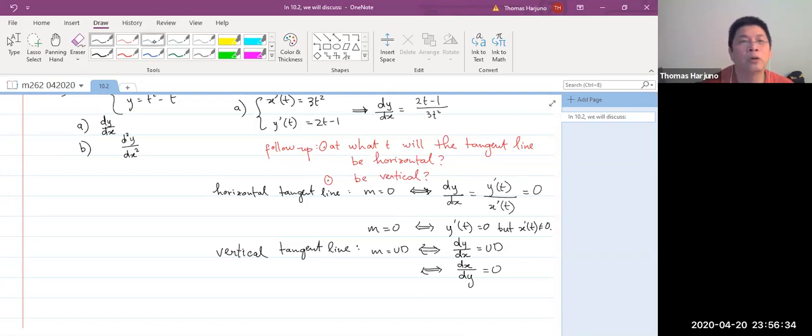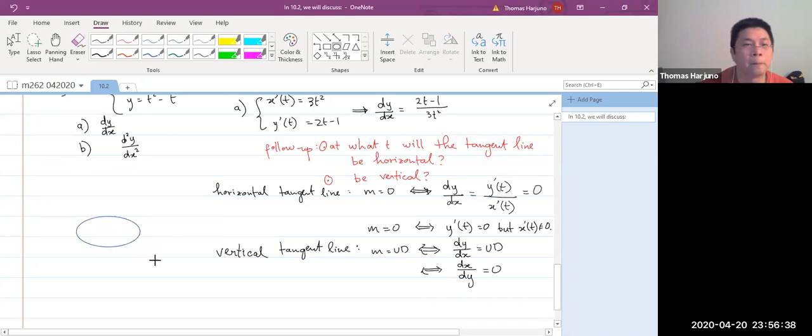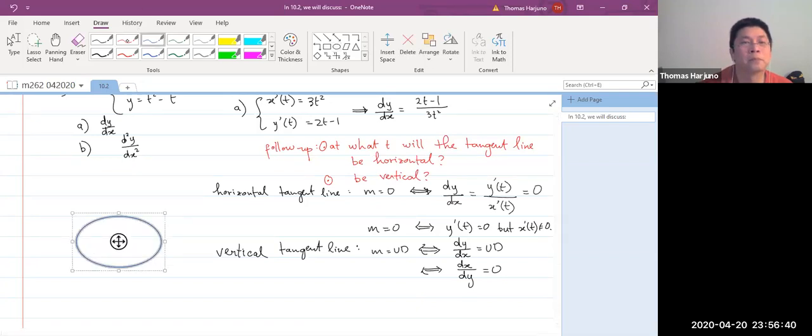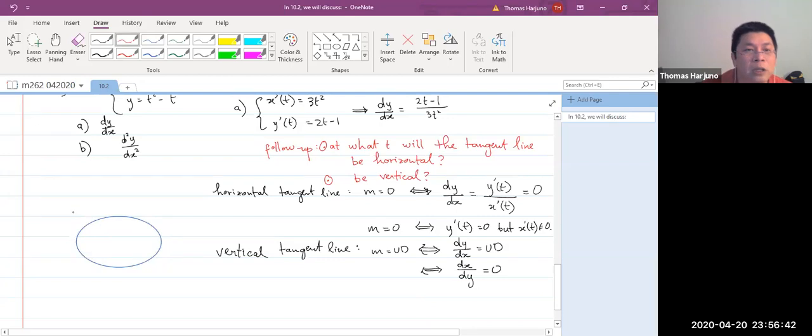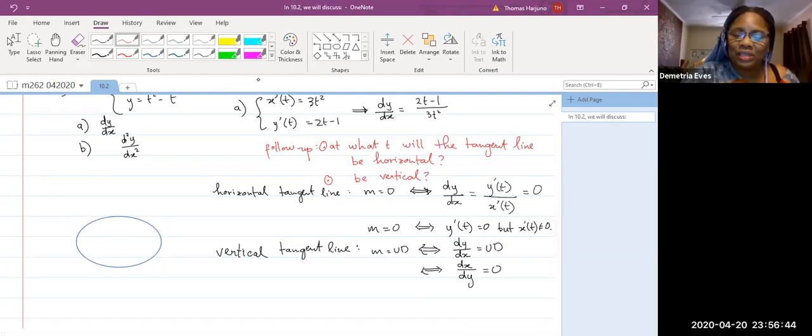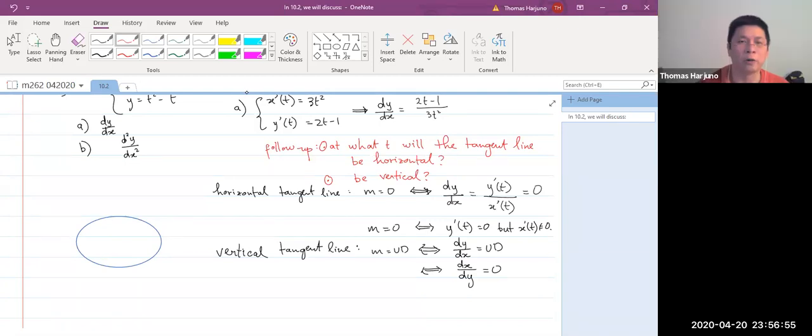Before we go on, let's do a little analysis on the following figure. Professor, can I ask a quick question? Yes. For the undefined, why is it dx/dy equals 0 and not dx/dt equals 0? Not yet, later on. Okay.